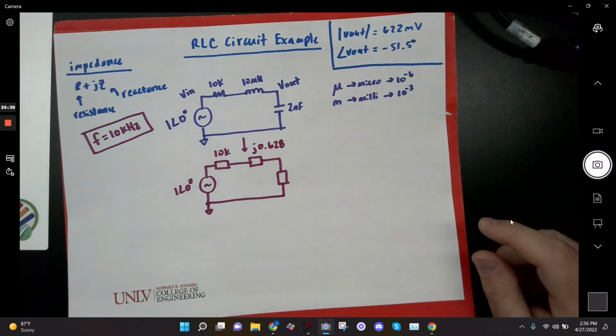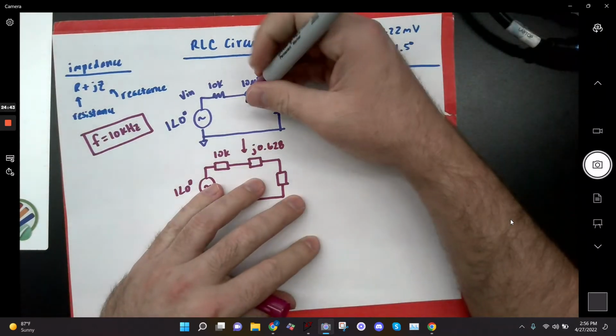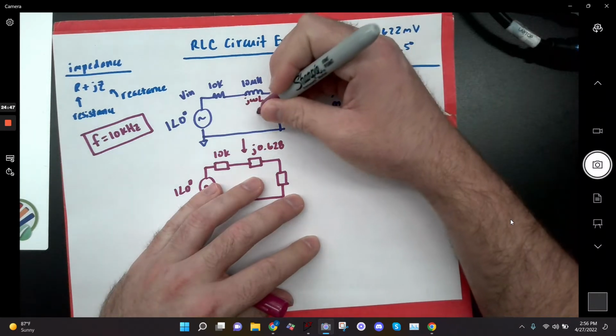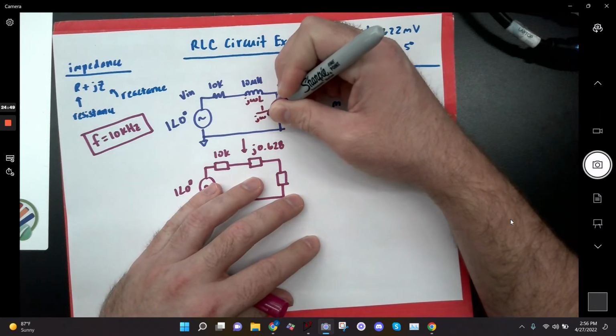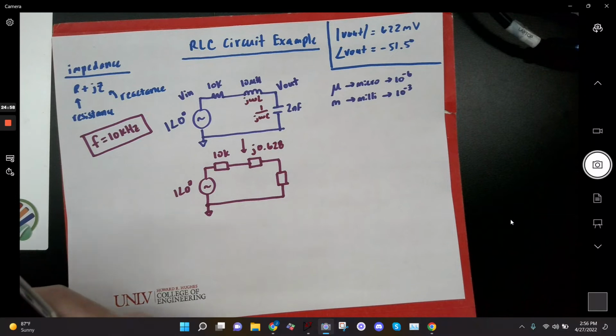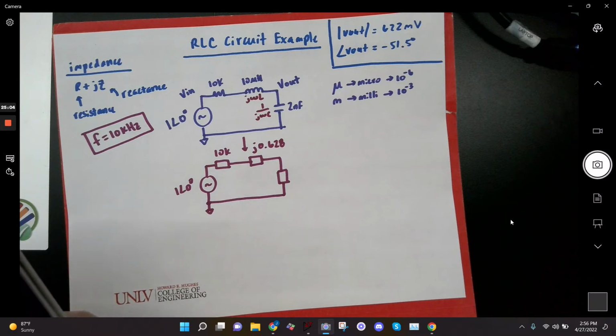And now my capacitor is 1 over j omega C, right? So let me just write them here. For my capacitor, I'm taking 2 pi times 10k times 2 times 10 to the minus 9, and then inverting that, 1 over that.